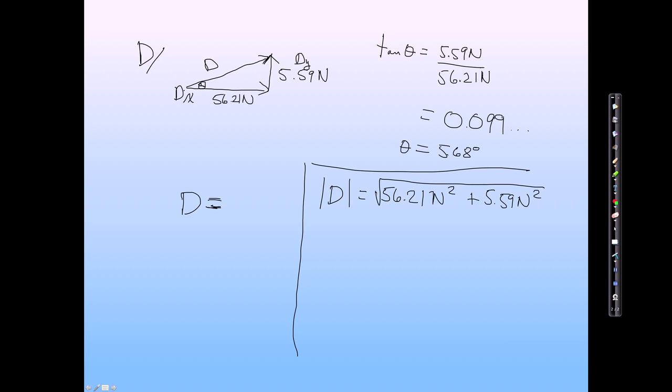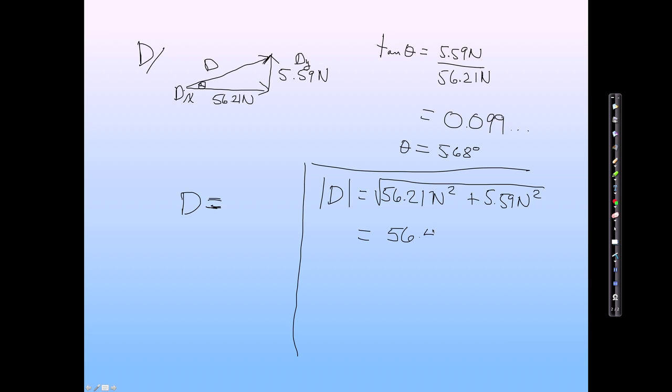C squared equals A squared plus B squared, and if we take the square root of C squared, in this case it's called D, then it equals the square root of the sum of the squares of the other two sides. Doing that, we get a magnitude of 56.49 newtons.